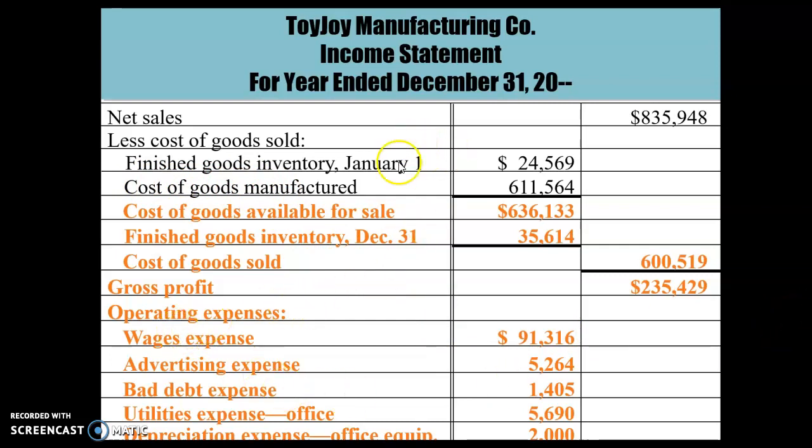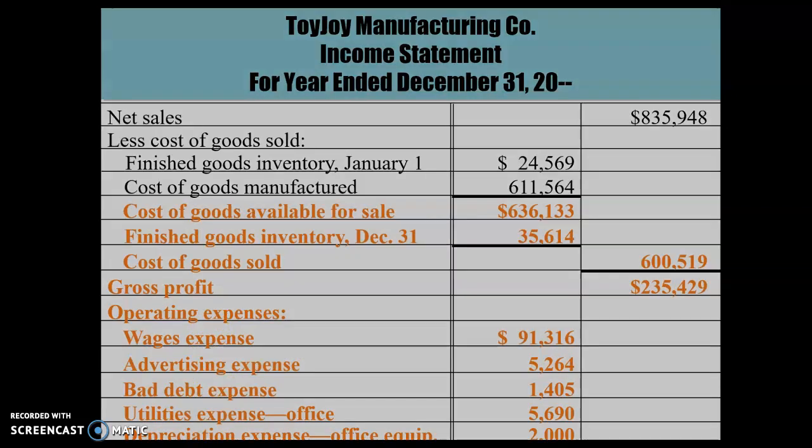Okay, and so they're part of cost of goods sold. So all these expenses are expenses just from the office building, have nothing to do with the actual building of the product. So here's all of our various operating expenses.